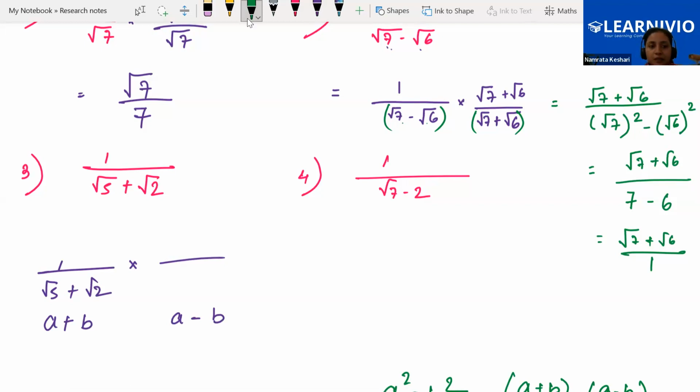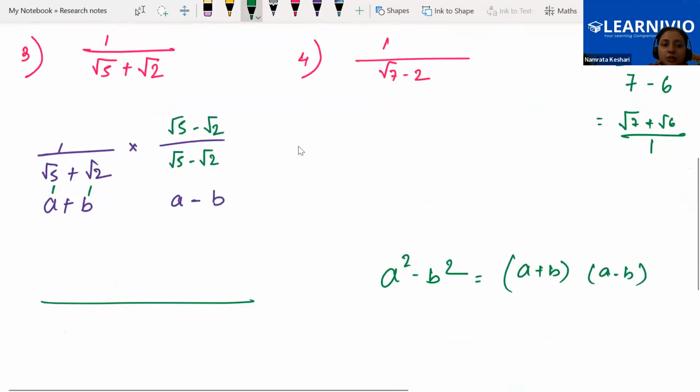Yes, ma'am. Right? So does it look like a plus b? Yeah. So we need to do the multiplication by root 5 minus root 2. Why are we doing so?